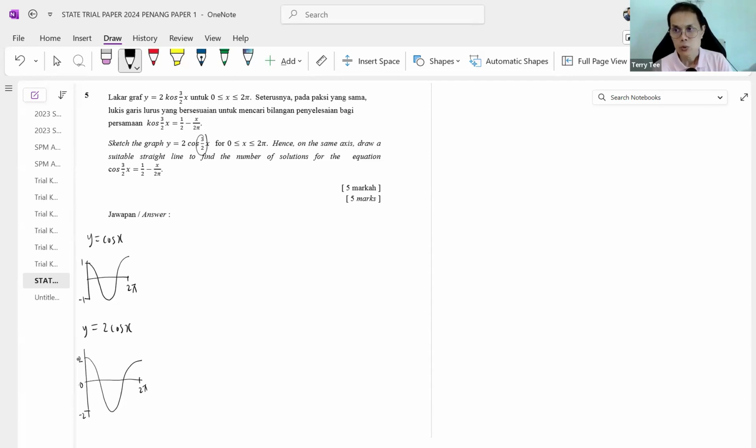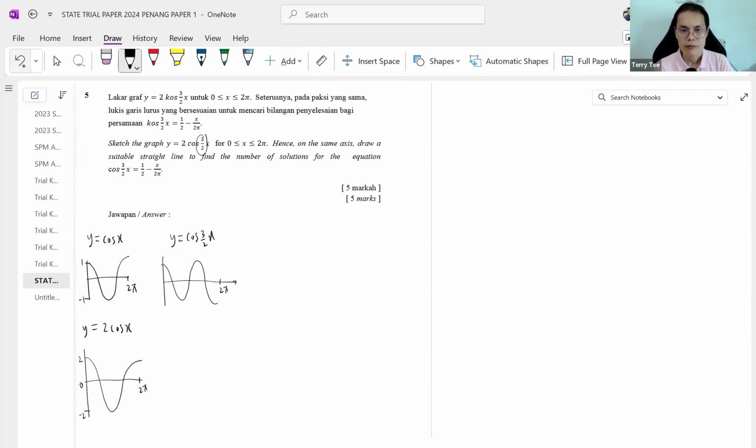This 3 over 2 determines the number of complete cycles from 0 to 2 pi. So let me just sketch for you. It looks like this. Let's do a small sketch first, then we draw a bigger version. It's 1.5, because 3 over 2 is 1.5. So this is 2 pi. Stop at 2 pi.